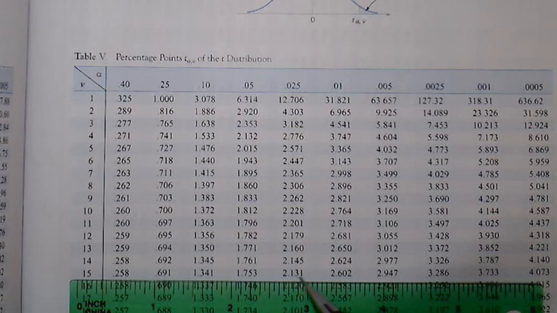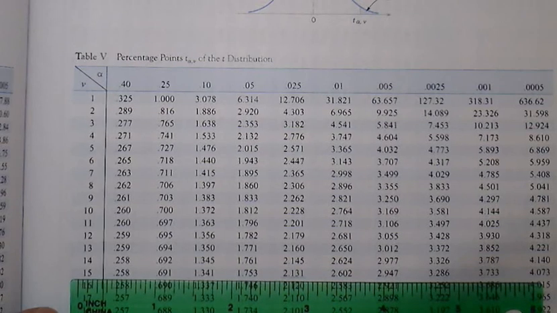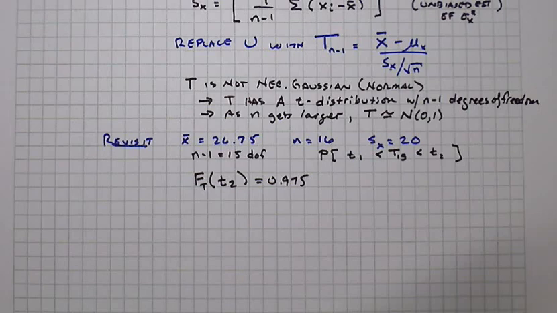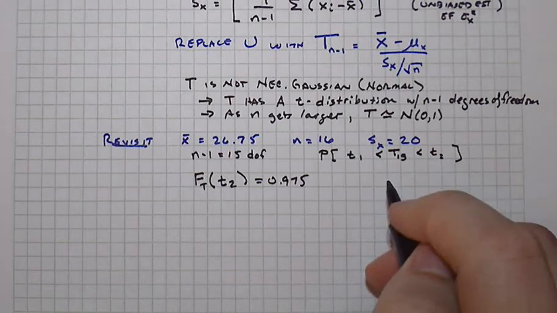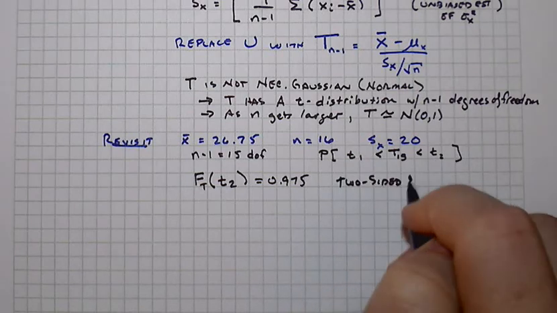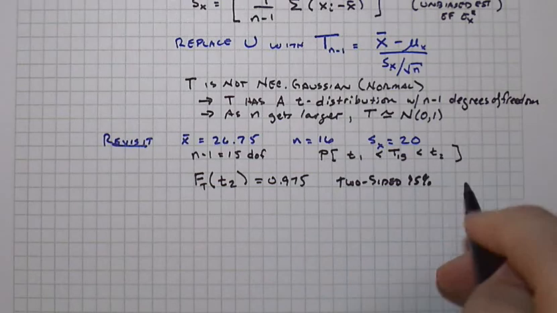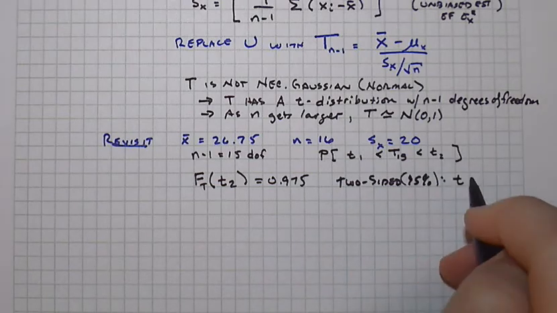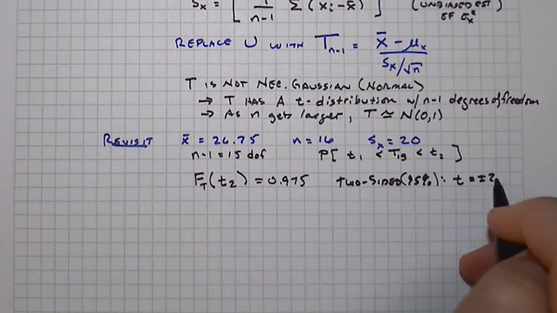That t-value is 2.131. So from our table, two-sided, 95%, then our t-value is going to be equal to plus or minus 2.13.